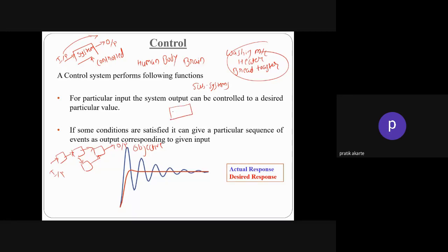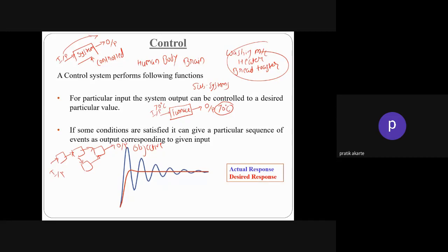I have a furnace in which thermocouples are used to control the temperature. If I am giving input, let's say 70 degrees Celsius, the output must be within the range of 70 degrees Celsius only. For a particular input, the system output can be controlled to a desired value.